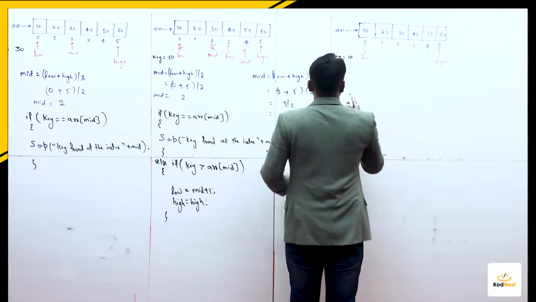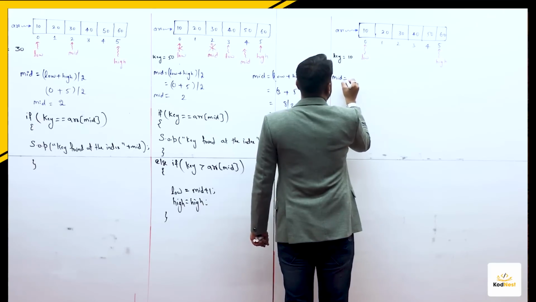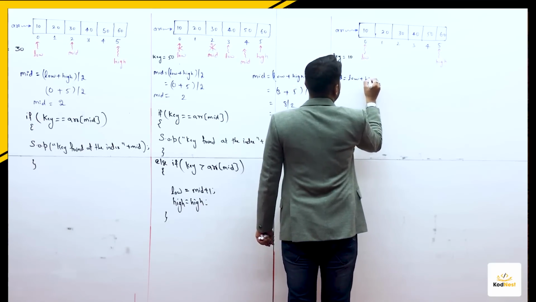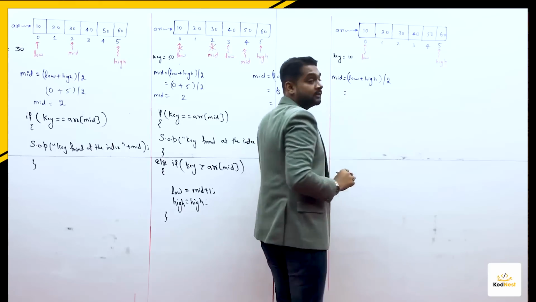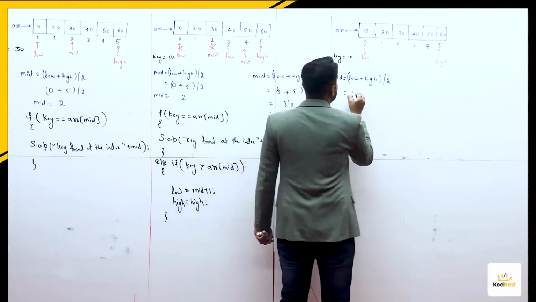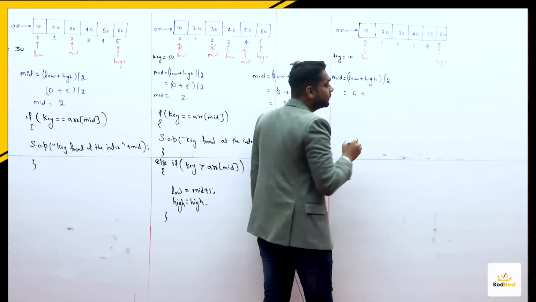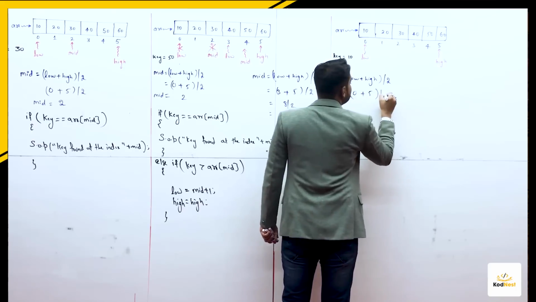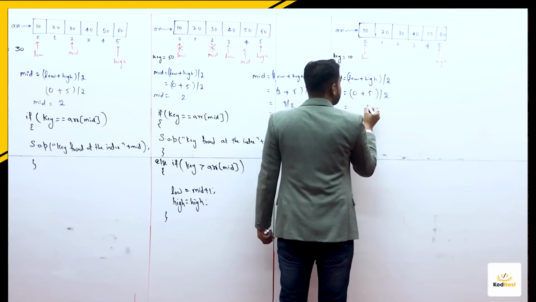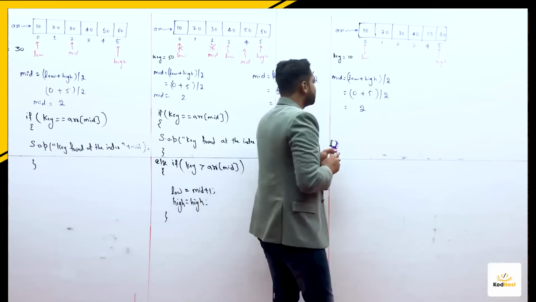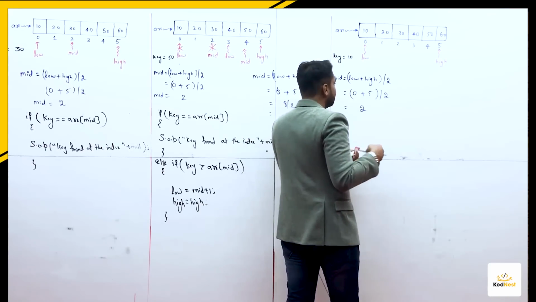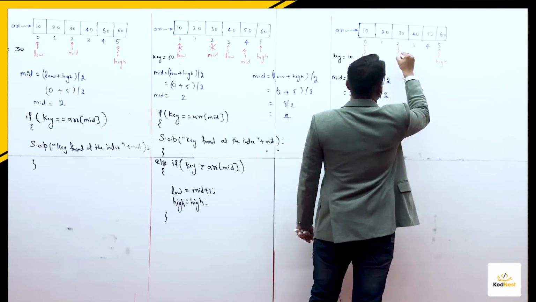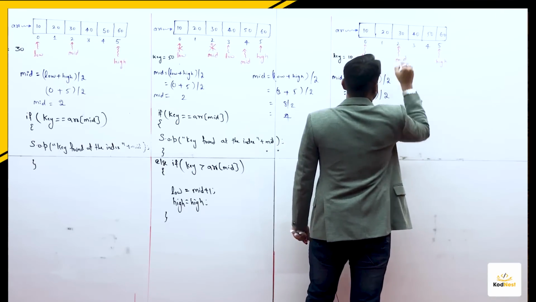According to us, mid is low value plus high value whole divided by 2. Low value is 0. High value is 5. What is 0 plus 5 by 2? It is 5 by 2, probably 2. Once you find the mid, mid will be pointing here like this. This is mid.